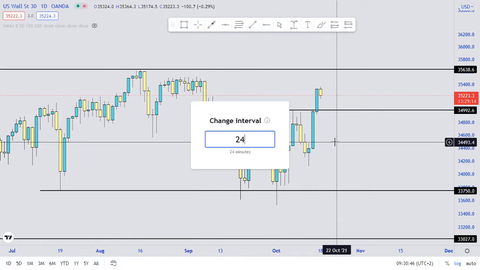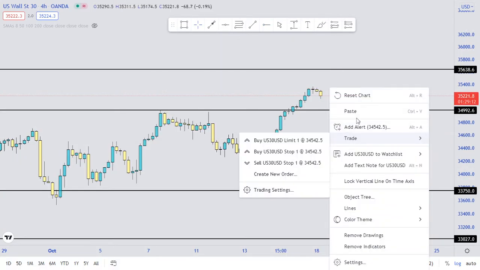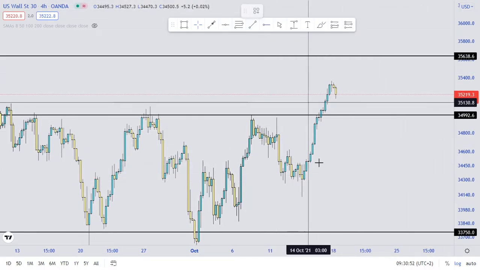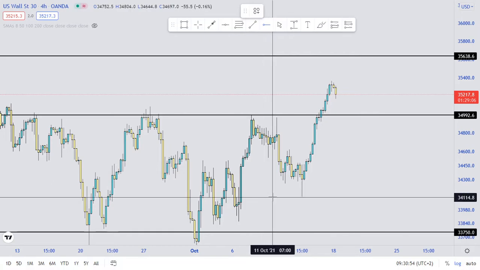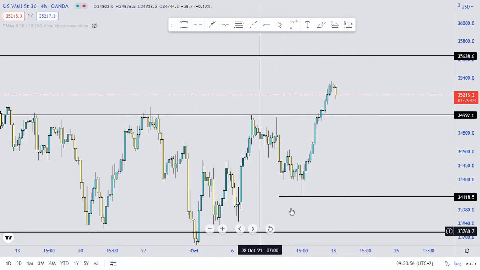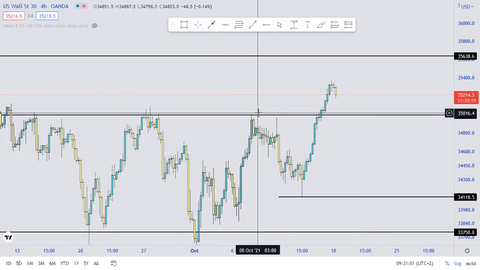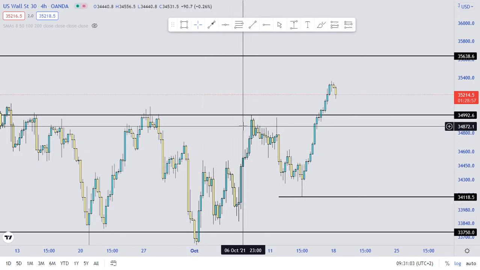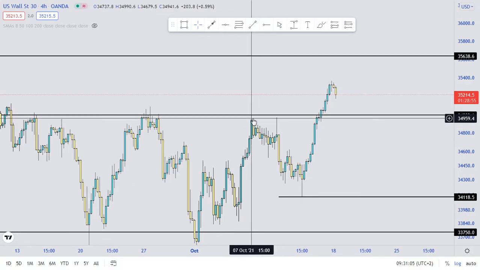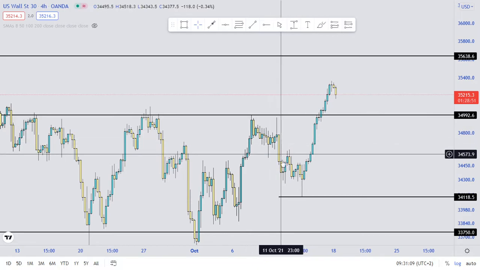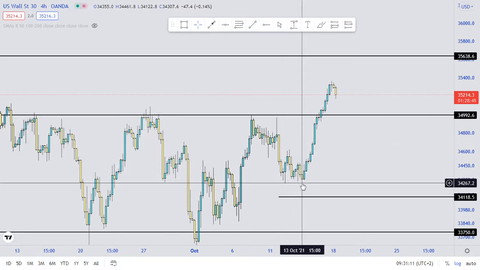If we scale down to our 4-hour time frame, this low point is going to be an area of interest. Why? Price gave us this beautiful breakout of structure, broke this previous lower high point, and then created this new high point, coming down in a corrective way.